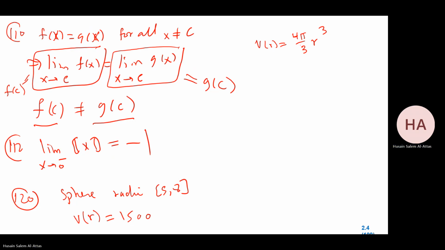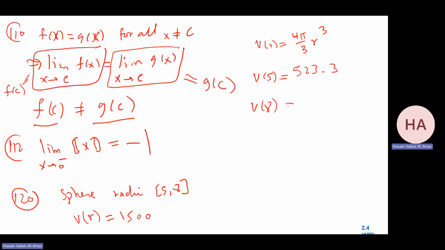So now, if you check V at 5, I'm using a calculator to do it. V at 5 will be what? 4 times 3.14 times 125, which is 5 cubed, divided by 3, which is 523.3.